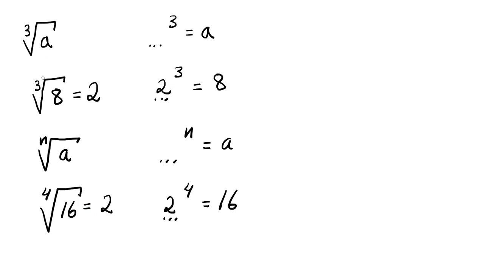You choose the non-negative number to make this definition unique. So whenever the number n is an even number, you have to choose the non-negative one. But if you have an odd number, you don't have to make that choice, because in this case, minus 2 wouldn't have worked. There is only 2 that is possible, so you don't have to make the additional comment that you should choose the non-negative one. So, for example, the cubic root of minus 8 is defined.